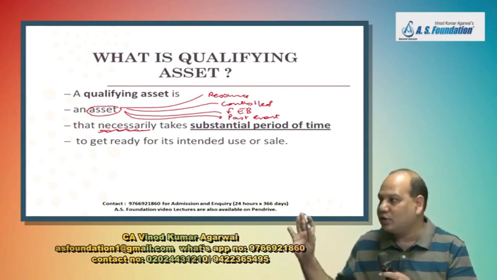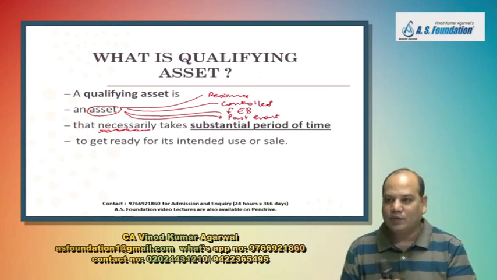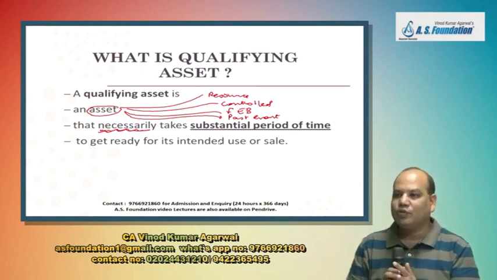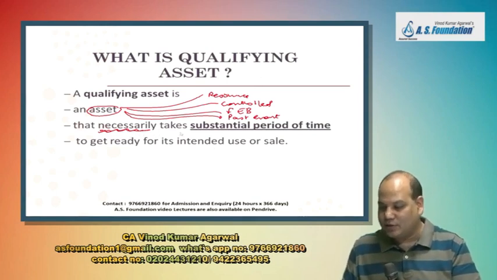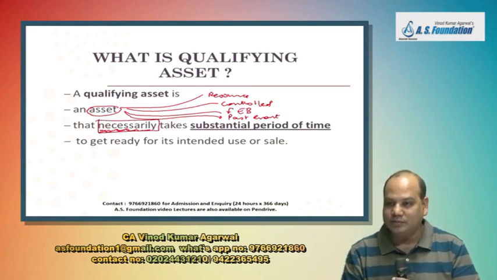If you can prove that this loan has been taken for the construction of a certain qualifying asset and it took about 8 or 9 months to complete, then also practically you can capitalize those borrowing costs, if you can prove that it necessarily takes substantial period of time. Now what do you mean by necessarily takes? Necessarily, that is, it is in the nature of that asset that it is going to take substantial period of time.